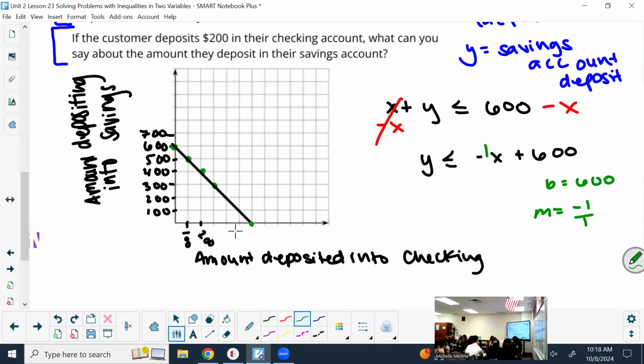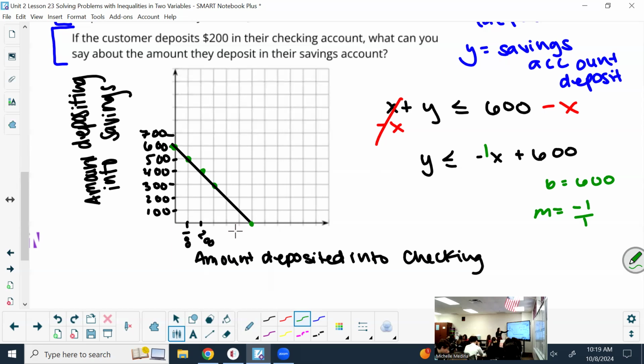I probably should have asked you before I drew my line, should it be solid or dashed? Solid, and where do I have to look for that information? The symbol. And that's the one where if it has a line underneath it. If it has half an equal sign, then it is half equation.